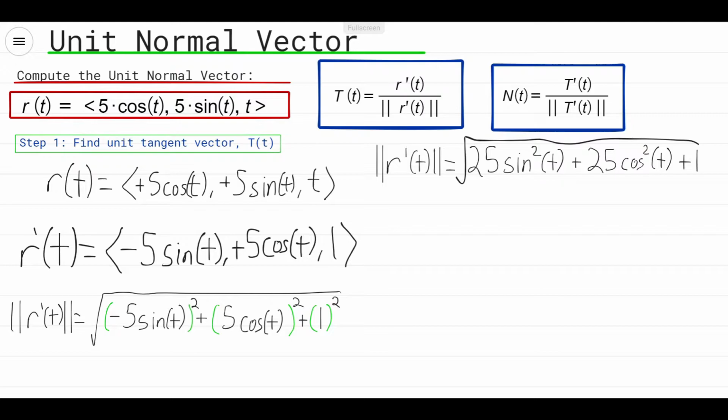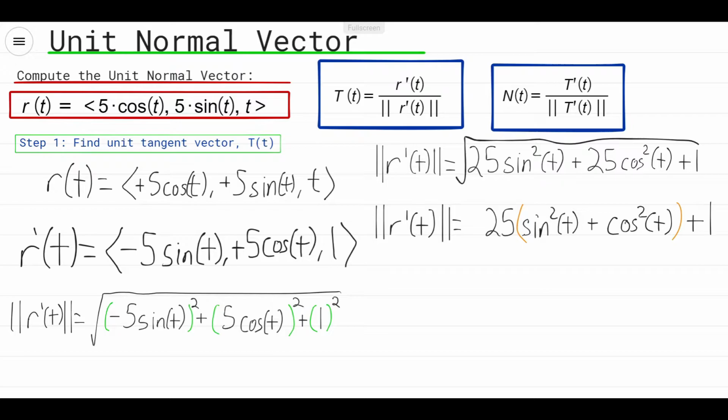In the next step, notice how we have 25 on two terms, so we can factor out the 25 of sine squared plus cosine squared, and that's what those orange brackets represent, plus 1. The 1 is not taken into consideration when factoring.